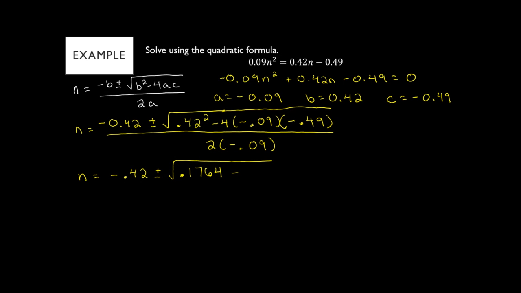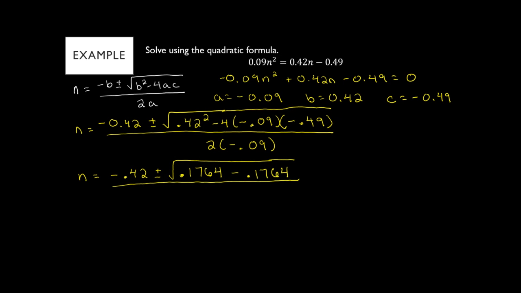I'm going to do 4 times negative 0.09 times negative 0.49, which is 0.1764. Okay, do you see how 0.1764 minus 0.1764, that's going to give us 0, and that's actually going to come out really nicely for us. But that will also mean that we have only one number as our solution, so it's a special case.